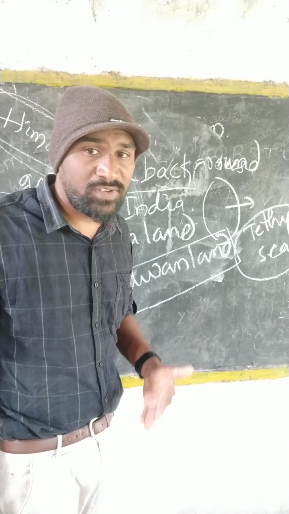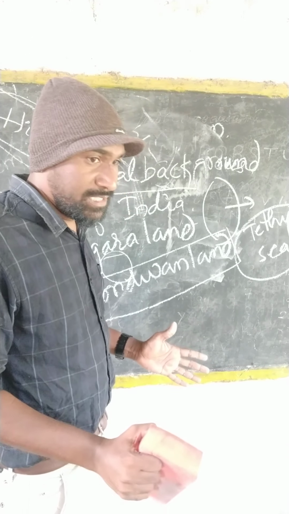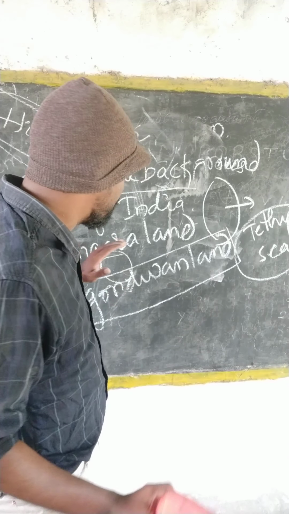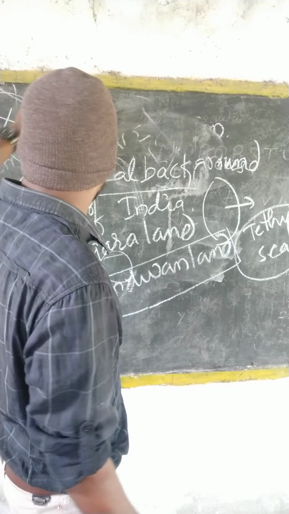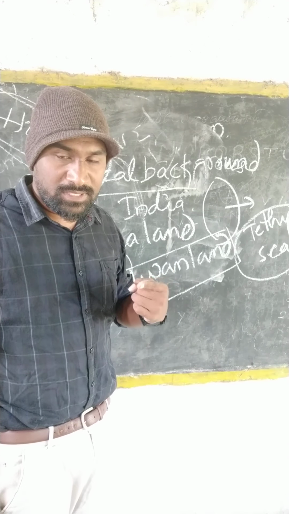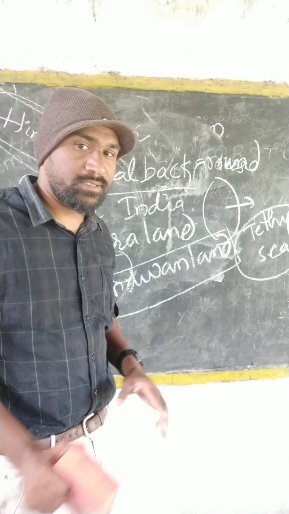How are the Himalayas formed? Due to the collision and some external force between these two lands, the Tethys Sea transformed into the Himalayas. That is the background beside our lesson. Okay?